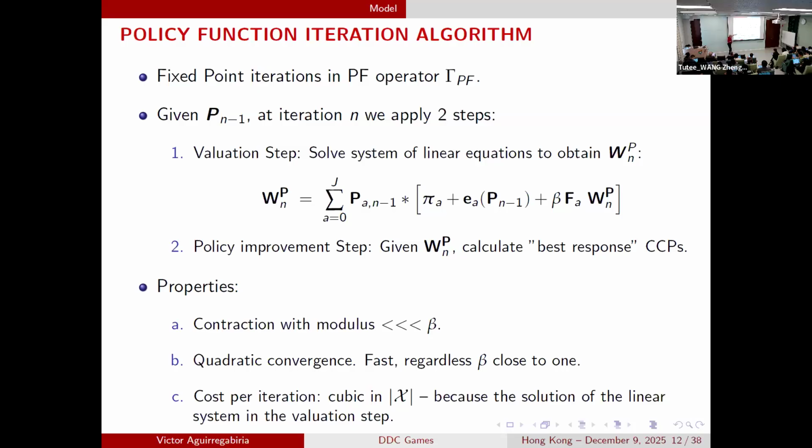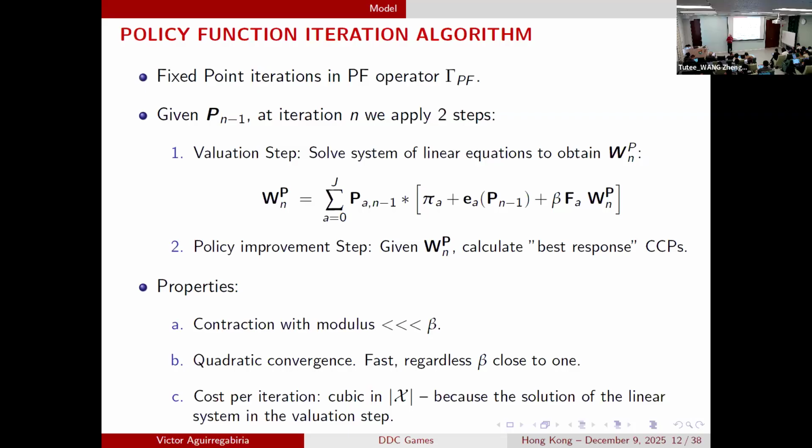What are the properties? The nice property is that the modulus of this contraction is much smaller than beta. In fact, the convergence is quadratic. The convergence is quite fast. What is the trade-off, or what are the not so good news about policy iteration? The computational cost increases cubically with the number of states.